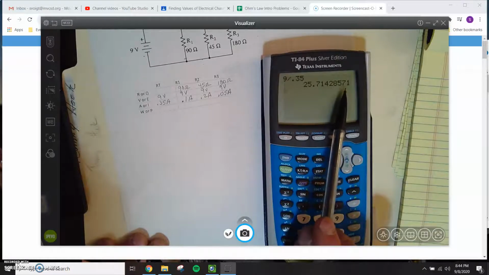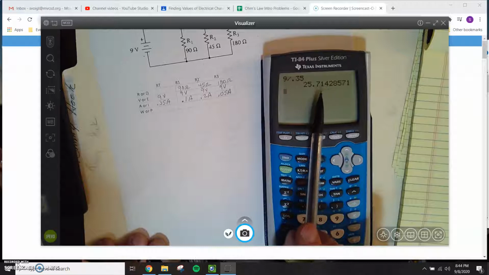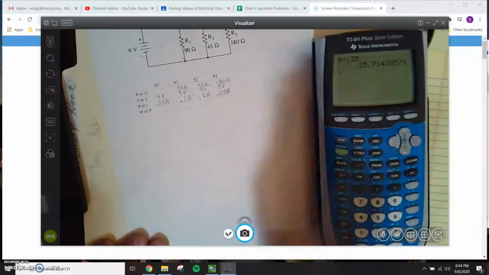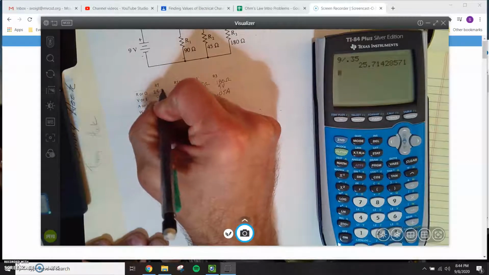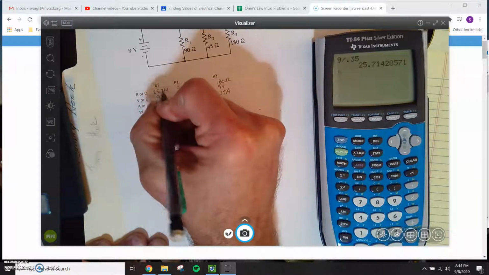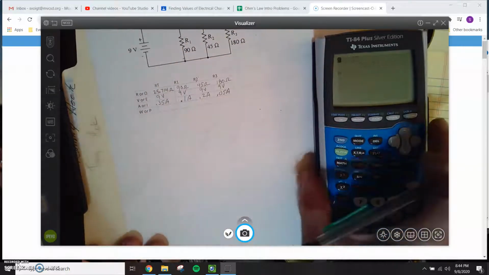So 25.714 ohms is our total, which brings us to our last rule.